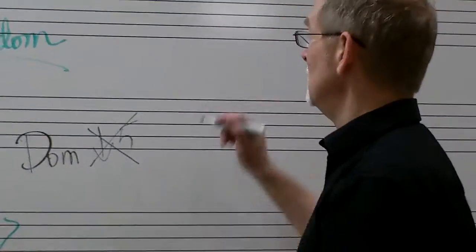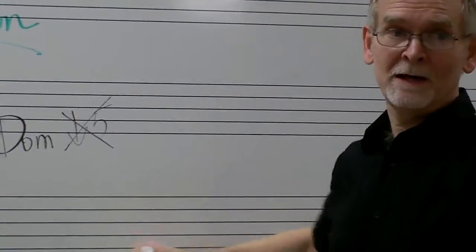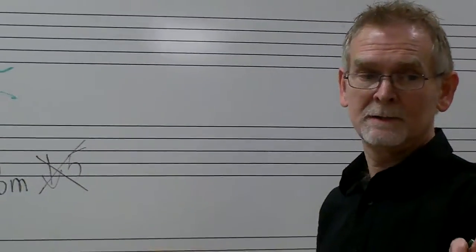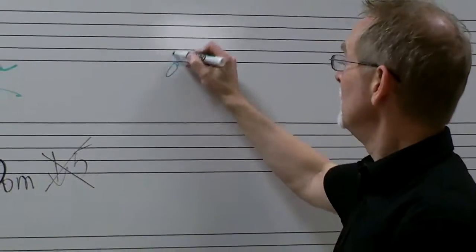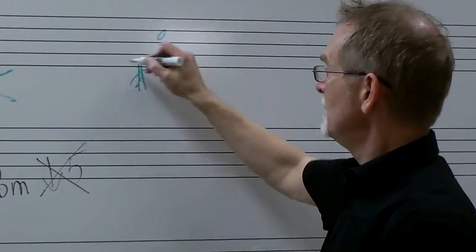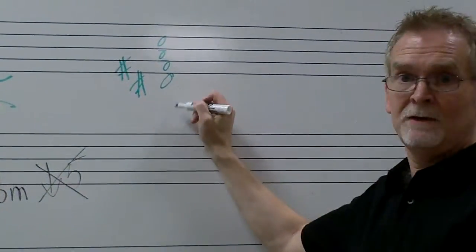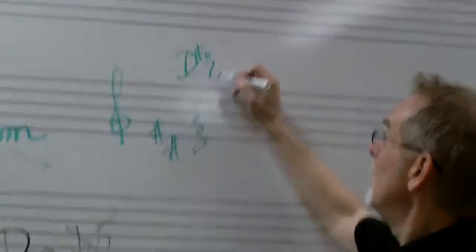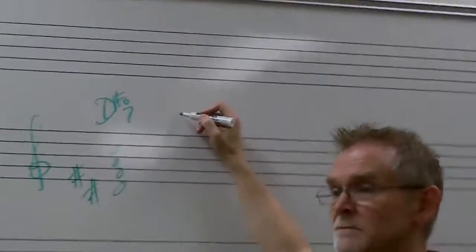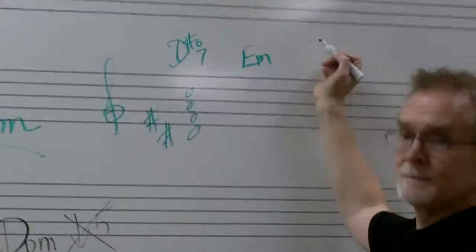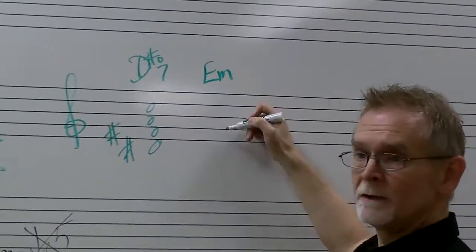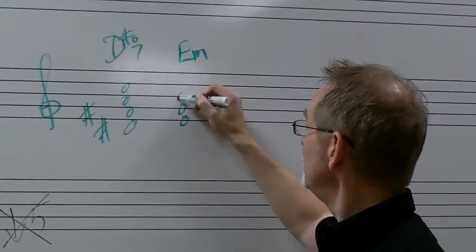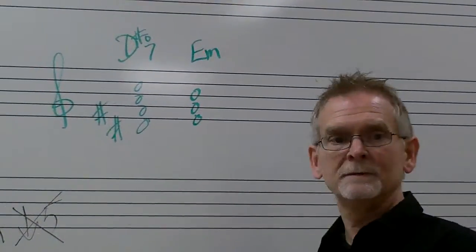Now, to prepare you for the rest of my definition, look up here. If this was a nice, well-behaved D sharp diminished 7th chord, what would you expect it to resolve to? E minor, right? Spell E minor: E, G, B. Are there any notes in common?